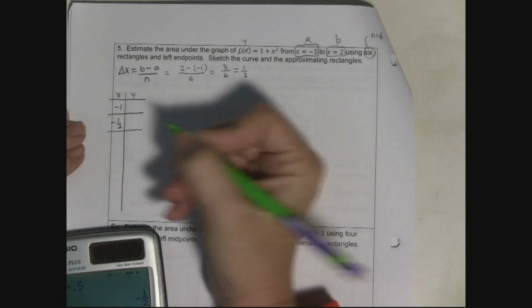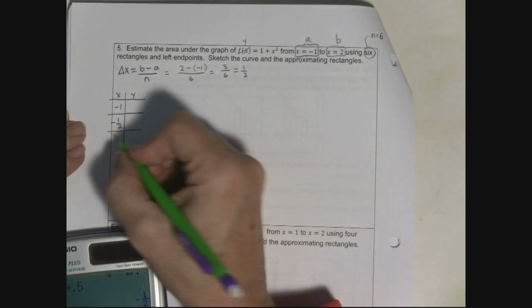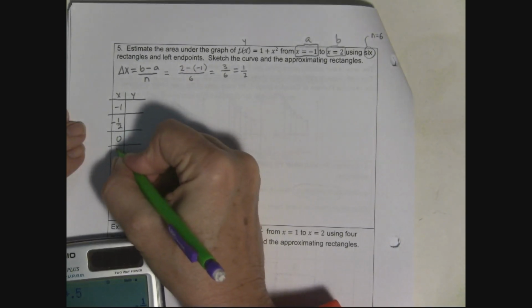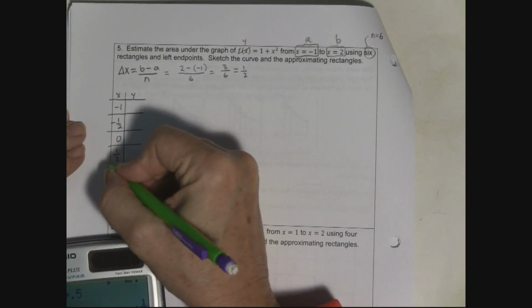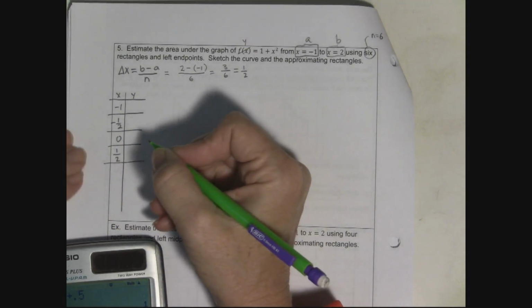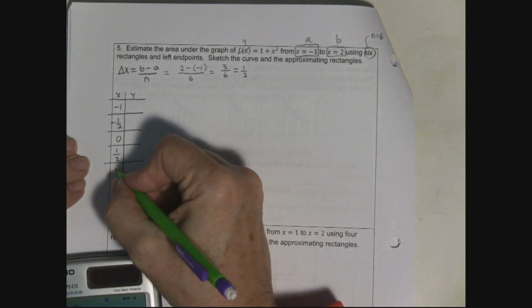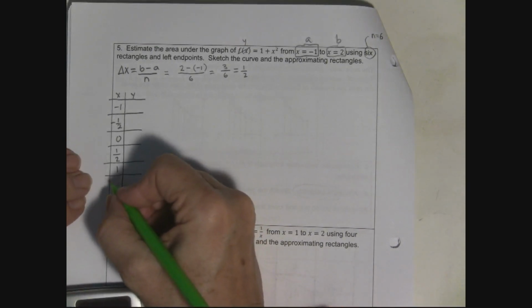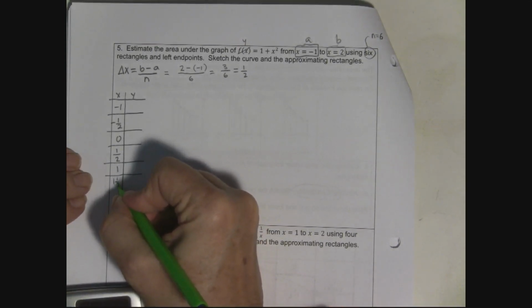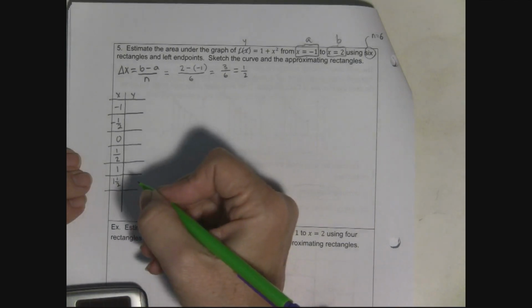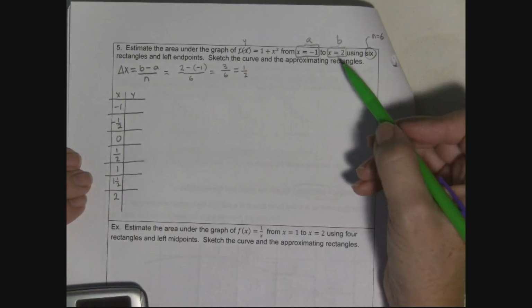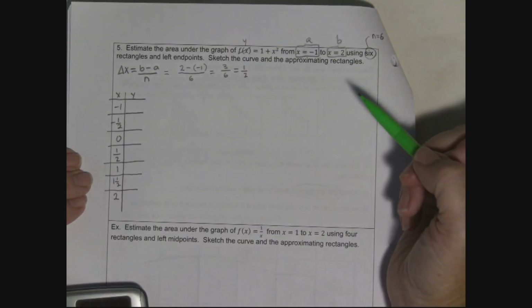Add half to that, I get 0. Add half, I get half. Add half, I get 1. Add half, I get 1.5. Add half, I get 2. I want to stop at 2 because that's where it said to go to.